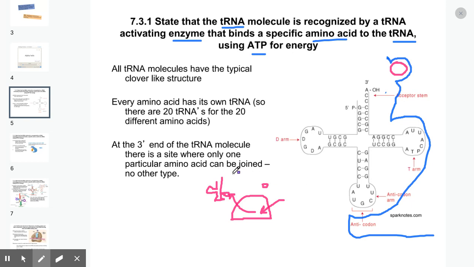So it doesn't have one. Oh, it's so sad. So it needs to find another amino acid. So this is what this process is about. So we need this activating enzyme to deliver this amino acid. And it's activated by ATP.